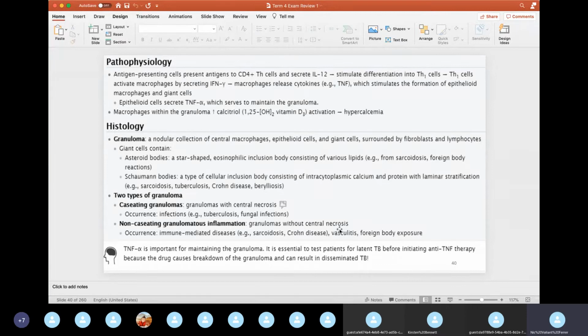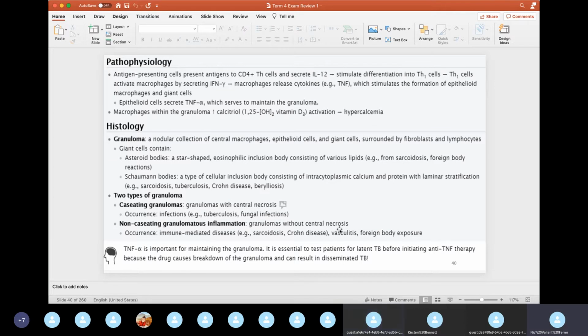If you give an anti-TNF alpha drug to a person, what do you need to do? PPD. Why? To see if they have a tuberculosis infection. Exactly, because you don't want that to disseminate.